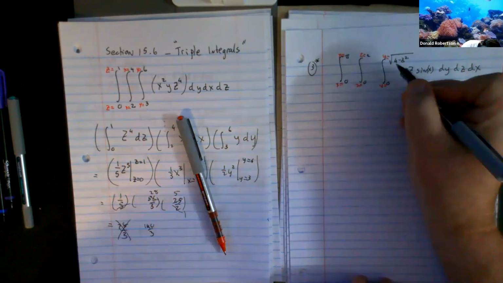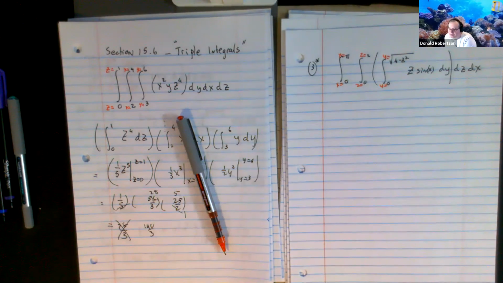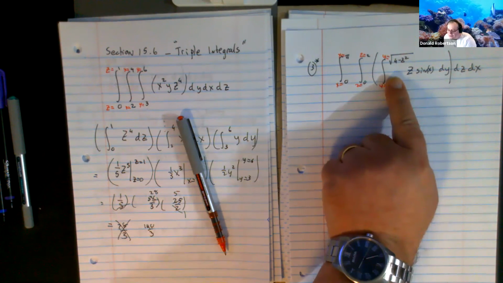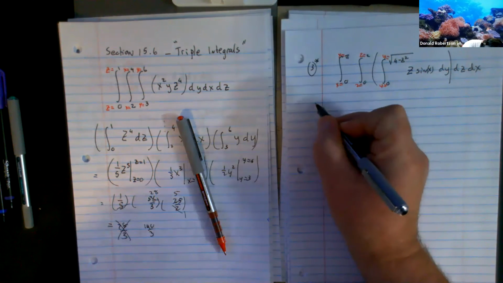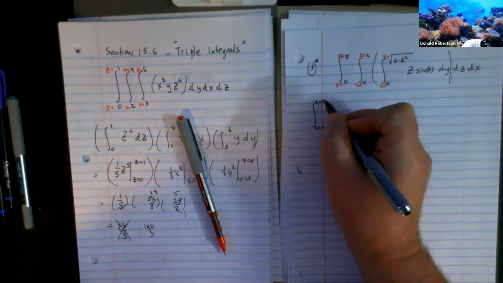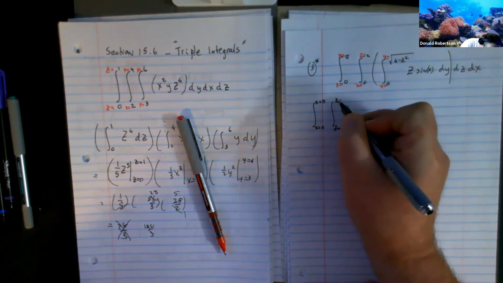Well, because of this one, I must do that. I won't even think about variable separable until I've done this, right? And then I'll have a double integral, and I'll look at what's in front of me and make my decisions after that. So I'm going to have from 0 to pi on the x's, and from 0 to 2 on them.